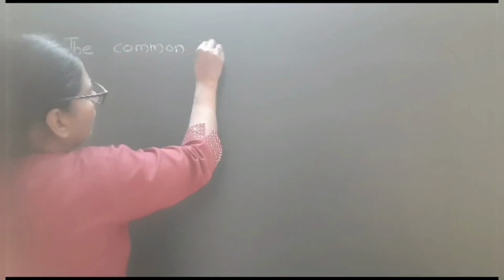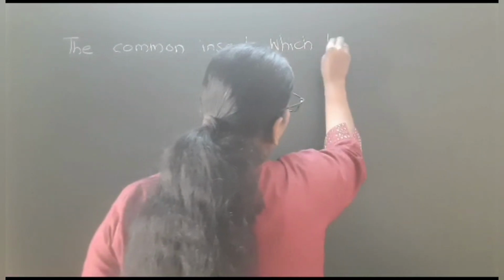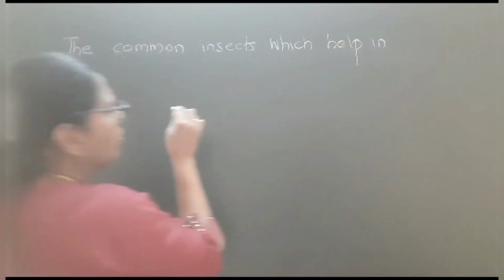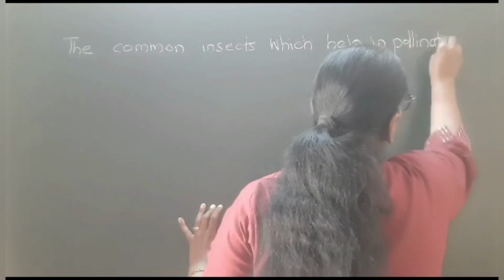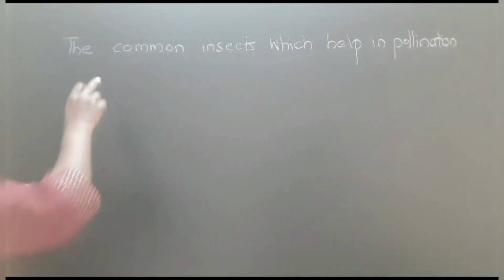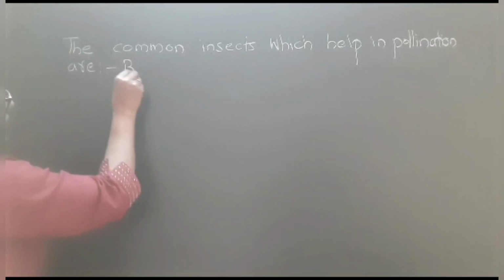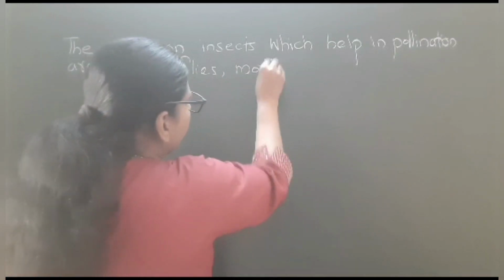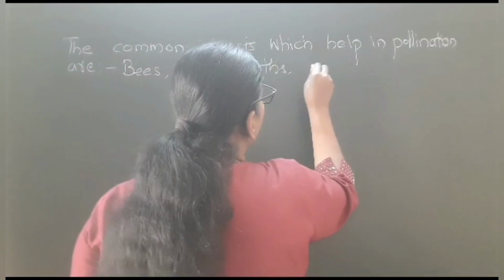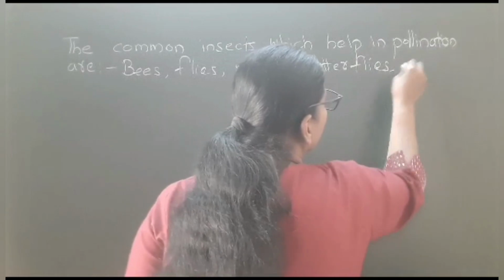The common insects which help in pollination are bees, flies, moths, butterflies, beetles.